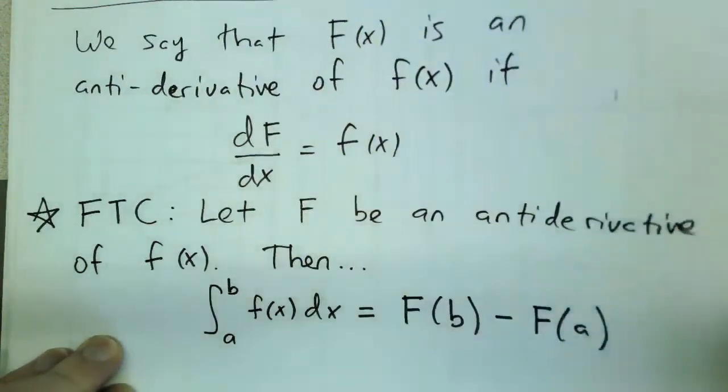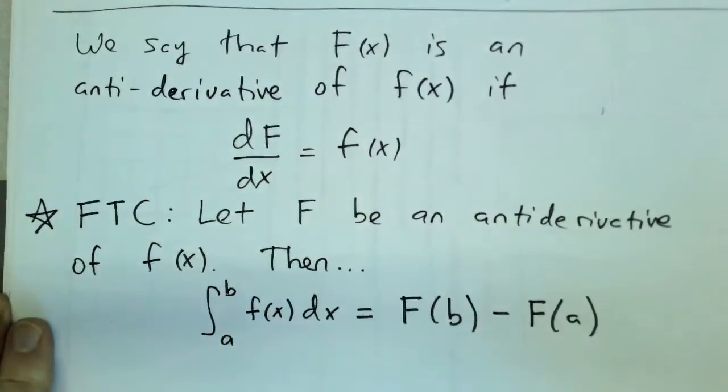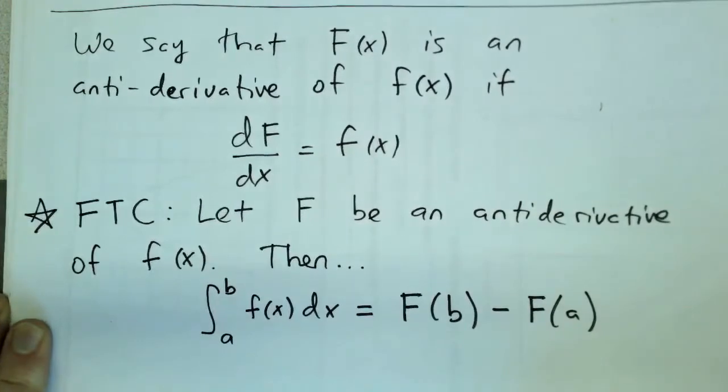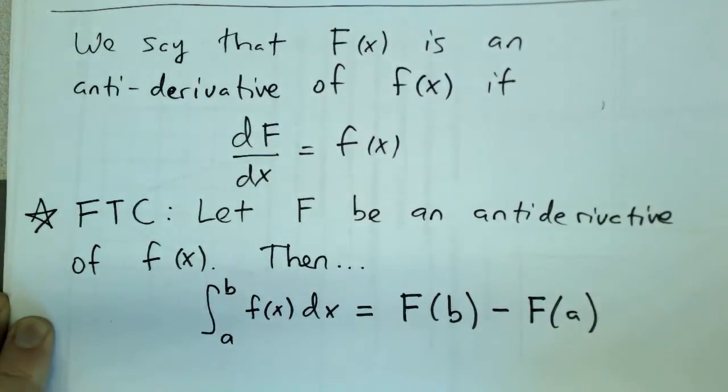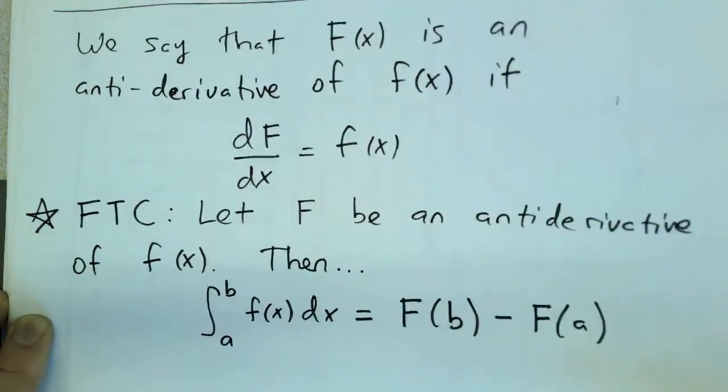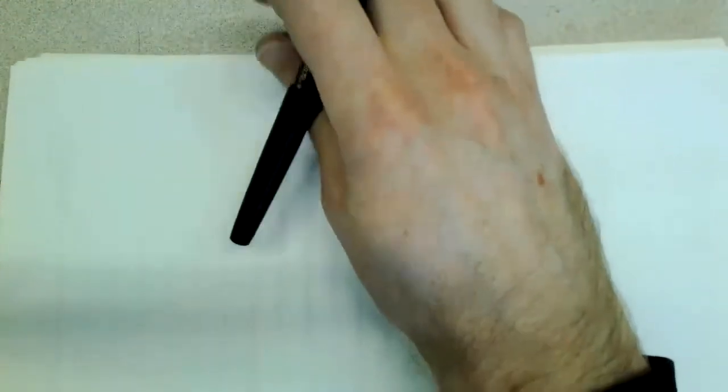And I'm going to give you an example, and that'll really be it. But I want to quickly introduce some notation that will make things a little bit more clean. Just very briefly, notation.